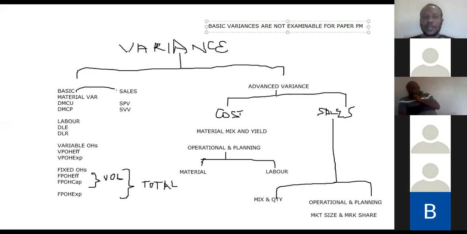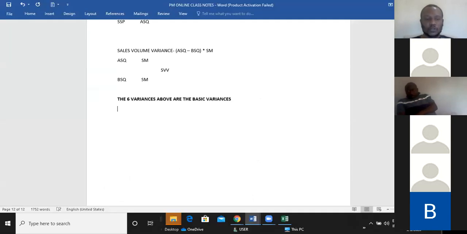The 6 variances above are the basic variances. Please, once you are on Word, please tell me. Once you're back to your notes. Yeah, you're back to your notes.